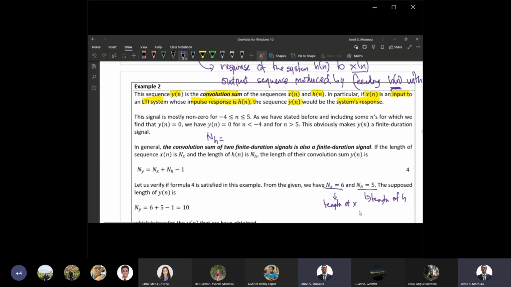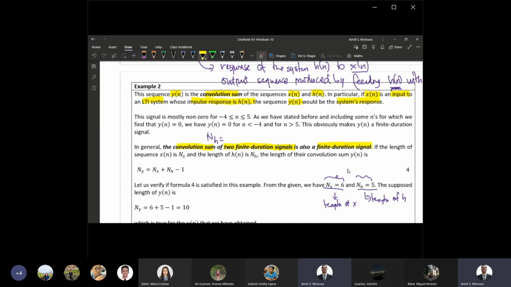Since both of the input signals that we have considered here are of finite duration, dahil ang kinonsider nating sequences in this example are both finite duration, it turns out that the convolution sum of two finite duration signals is also a finite duration signal.